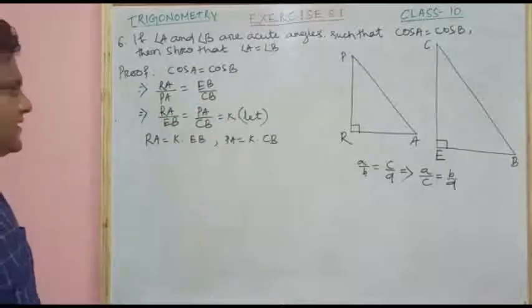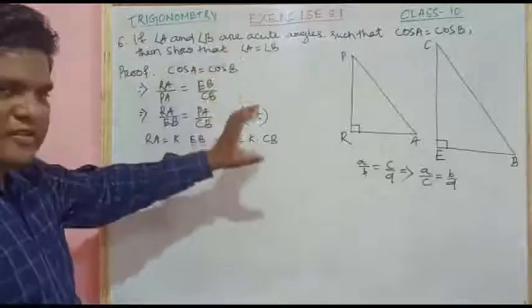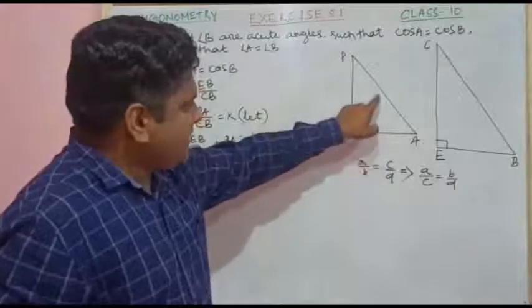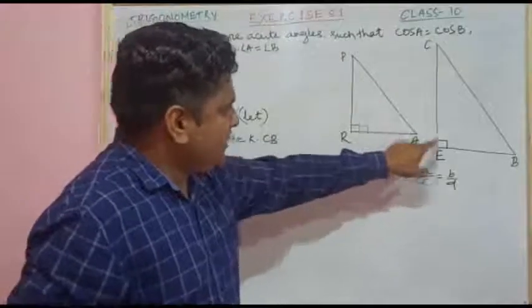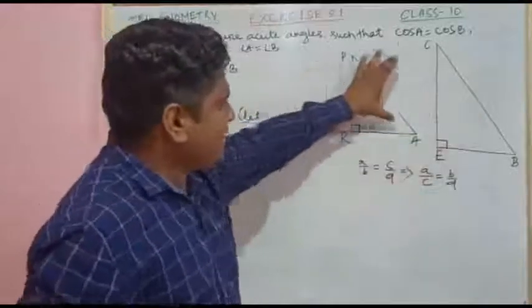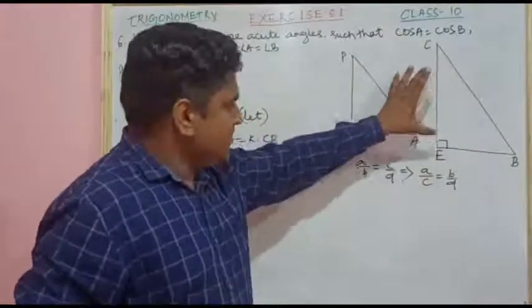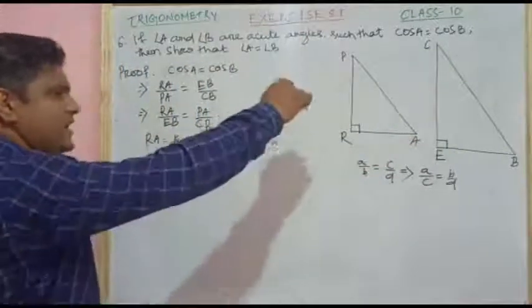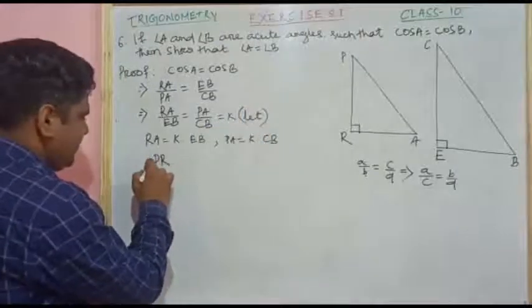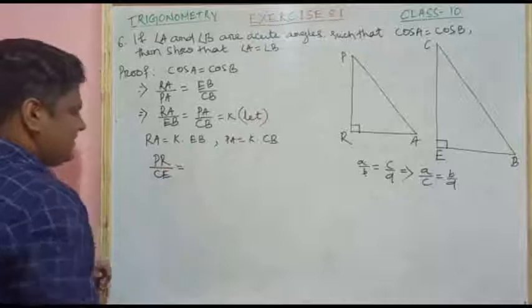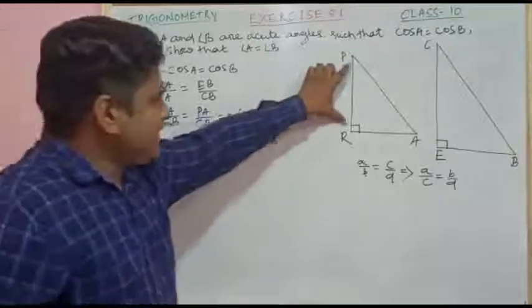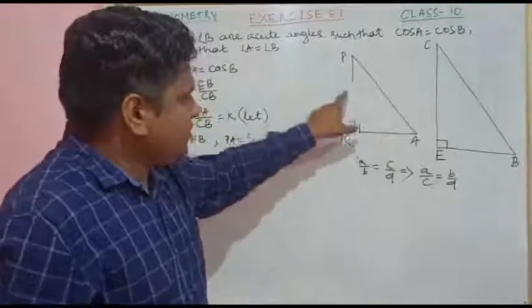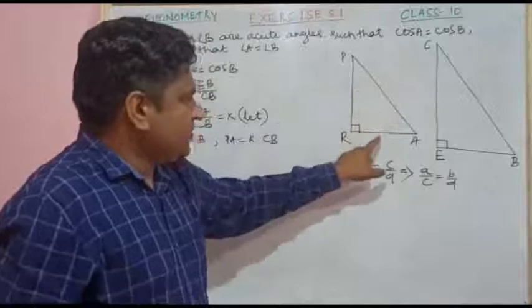Now let's find the ratio of the other two sides. We got the ratio of base and hypotenuse, these two and these two. Let's find the ratio of this one and this one, which we have not yet found. That is PR by CE. PR by CE is equal to, in place of PR we can write, P square equals H square minus B square, so P equals root over of H square minus B square.